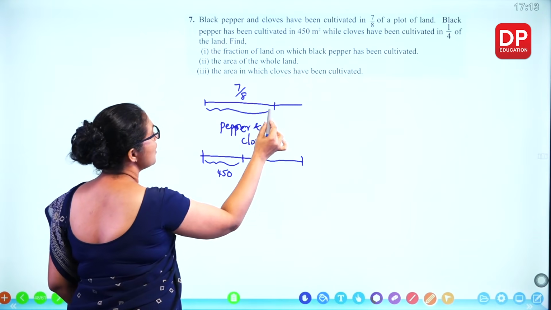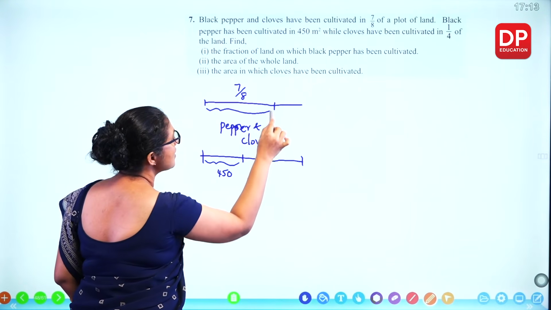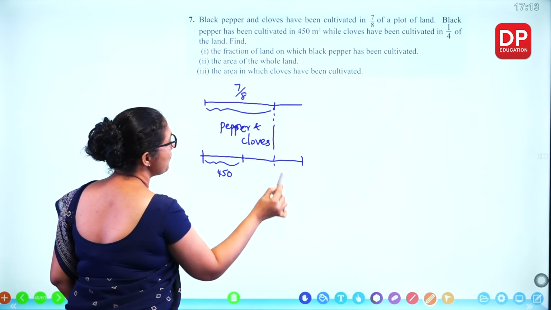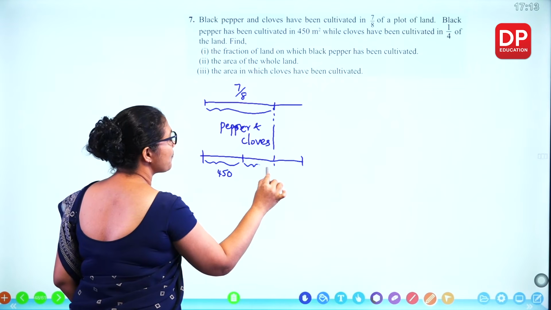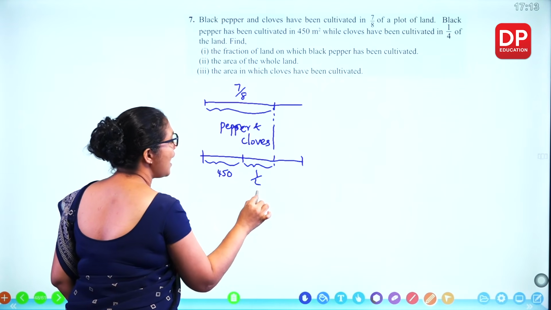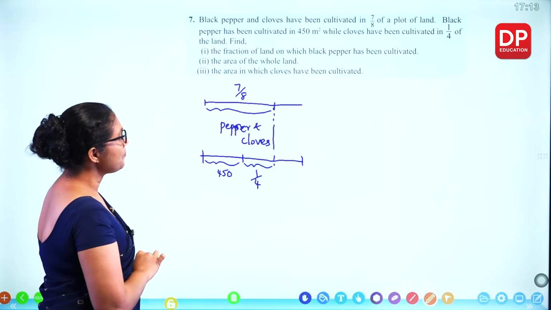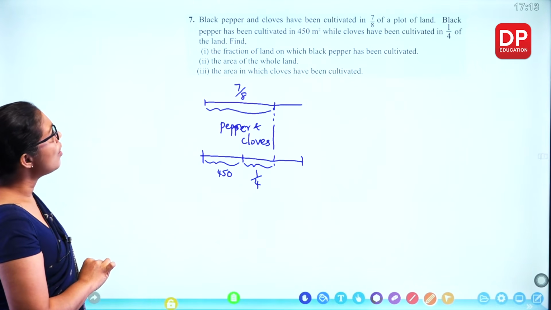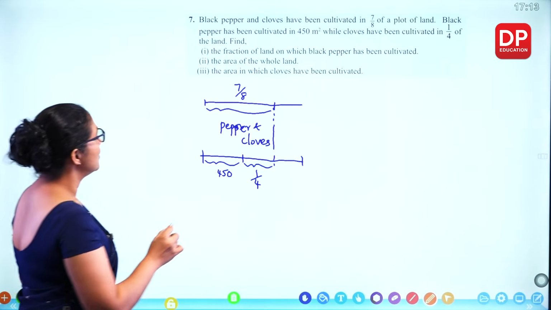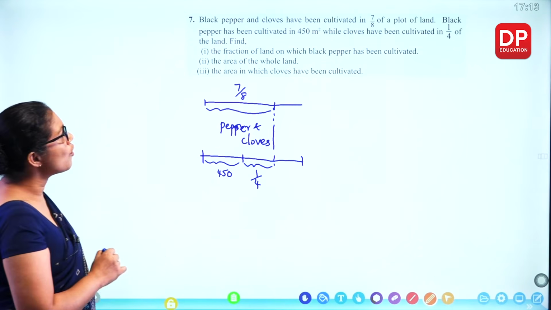So here the remaining part, if you take this amount, this should be 1/4 of the land. That's for cloves.